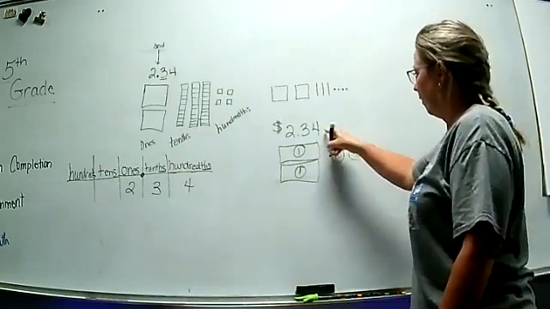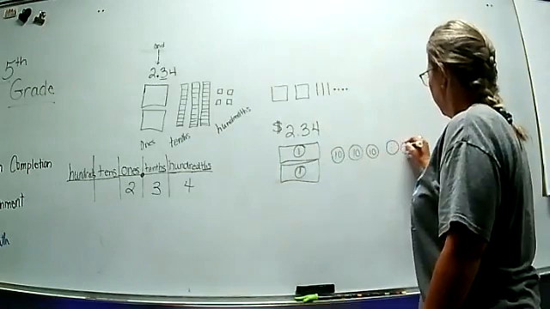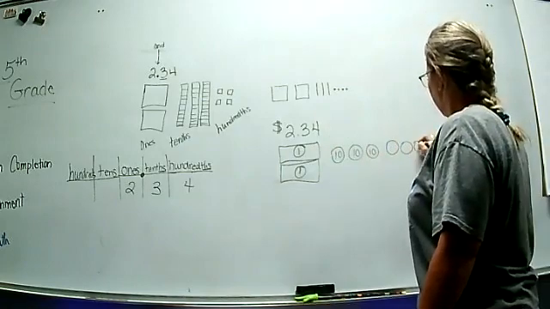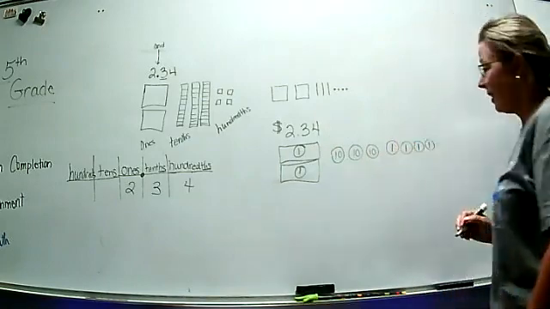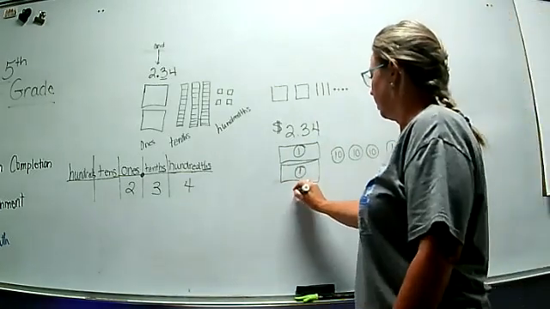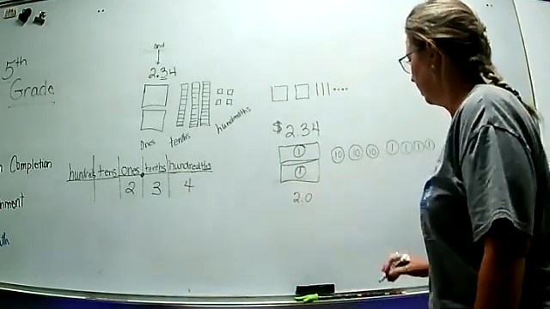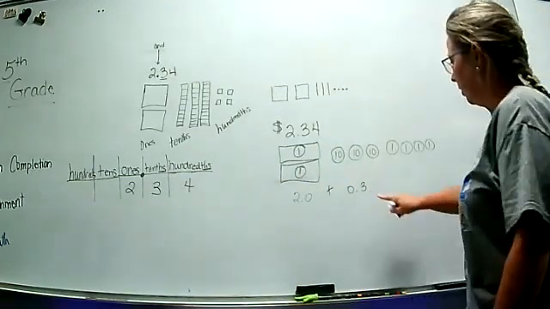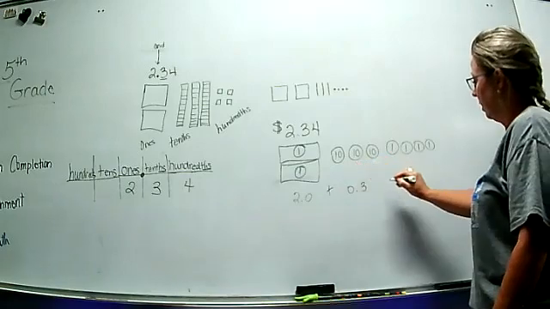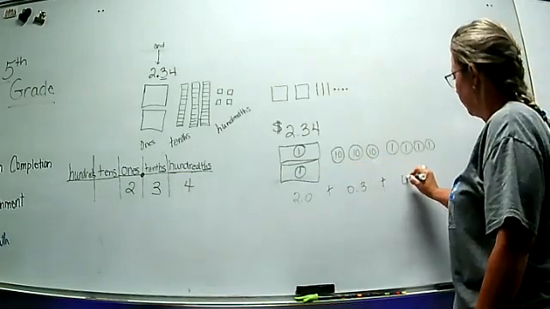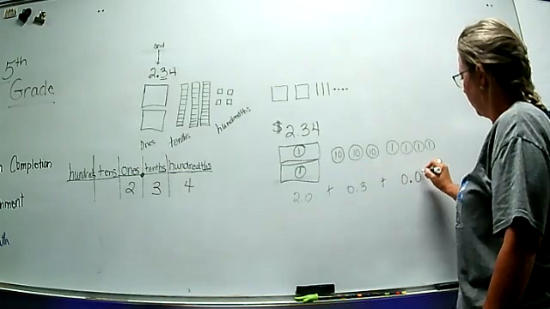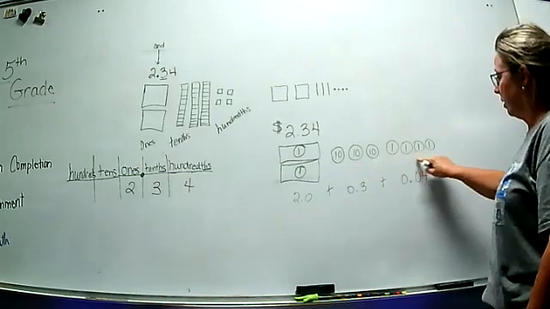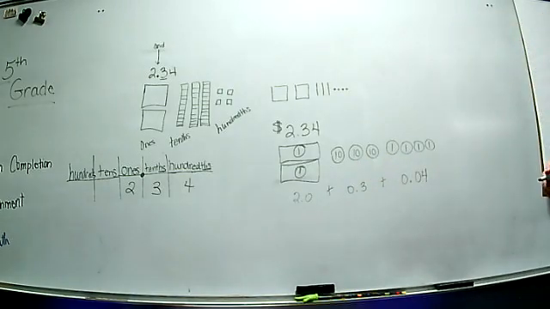And this could be 4 pennies. As decimals, this looks like 2.0 plus 0.3, 3 tenths, plus 0.04, 4 hundredths. So this is how we would represent our decimals in money.